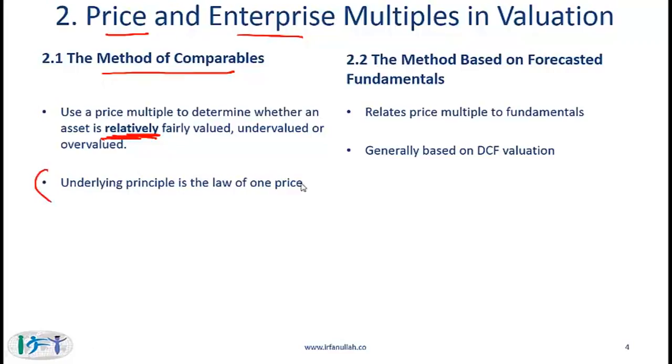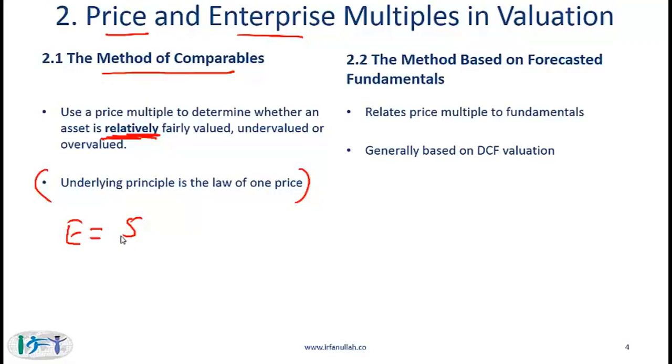Now, before I get to this concept, I'll just very quickly explain what we are talking about here. Let's say that you are evaluating a particular auto company, and the earnings per share on this particular auto company is 5. So 5 rupees per share or $5 per share.